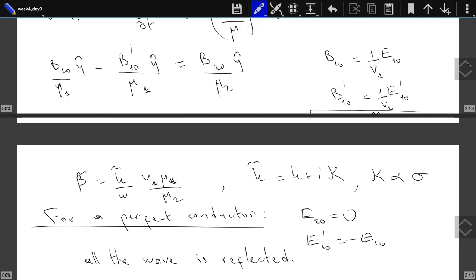Well, let's see. Is it possible for beta tilde to be zero? Beta tilde has this relation. Beta tilde is proportional to k tilde. Well, V1, mu1, mu2, and omega, they are all constants. So if beta tilde is zero, that basically means k tilde should be zero. If k tilde is zero, both its real and imaginary parts should be zero.